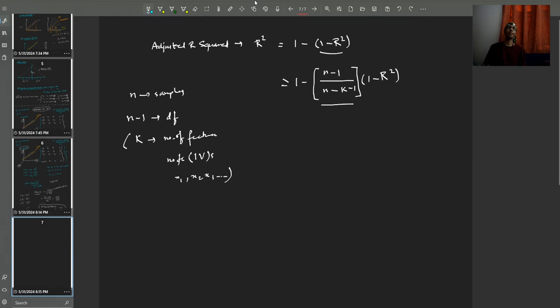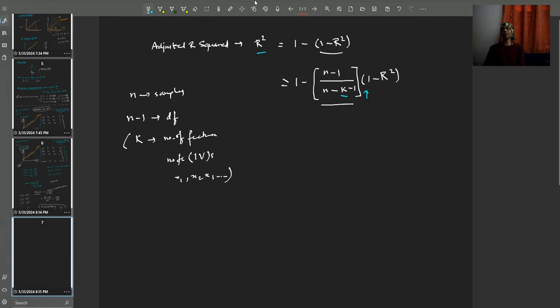Now how does it impact the actual R square value? What happens is, as the k increases, this expression increases, right? And as this expression, (n minus 1) by (n minus k minus 1) multiplied by (1 minus R square), goes up, 1 minus a higher value obviously reduces the initial value. If k was 0, this value is equivalent to R square. We are not taking into account the number of features.